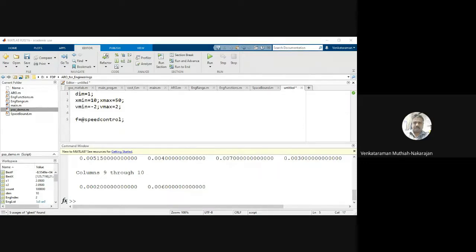Actually, what you are asking is called multi-objective optimization, madam. If you want to control multiple parameters, that is a different type of optimization altogether. It is called multi-objective optimization.